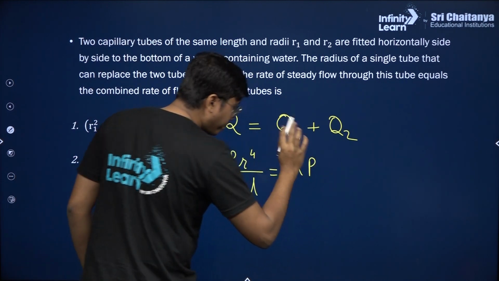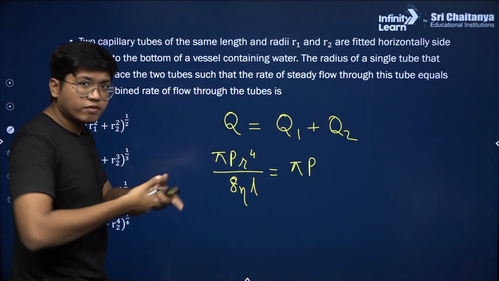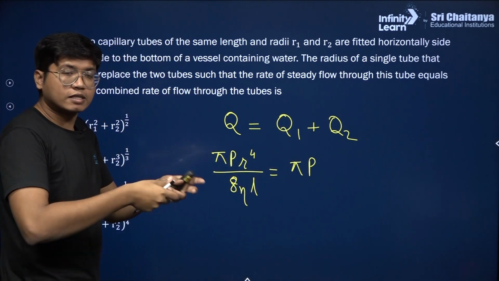Same pi, same P, because it's the same pressure, you're placing even the new equivalent pipe at the same point.